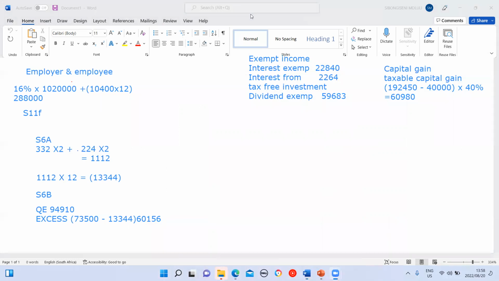So it'll be 3.3 percent times 60,156 plus 94.